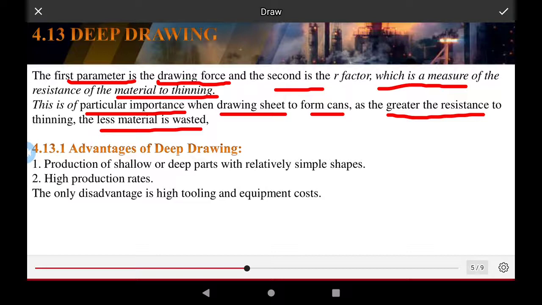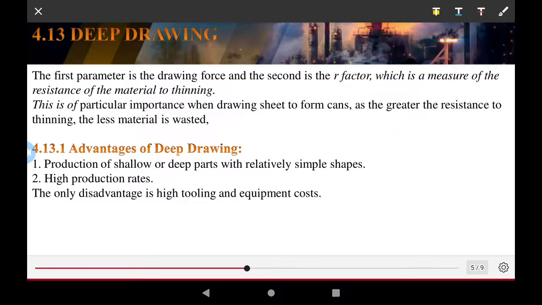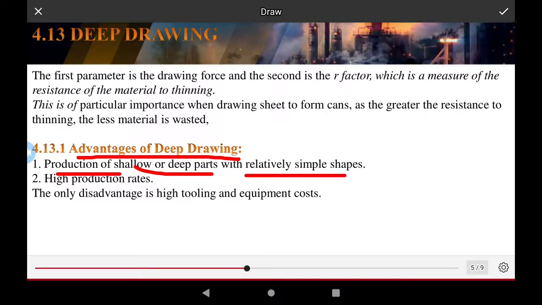The advantages of the deep drawing operation: production of deep parts with relatively simple shape and high production rate. The only disadvantage is the high tooling and equipment cost.